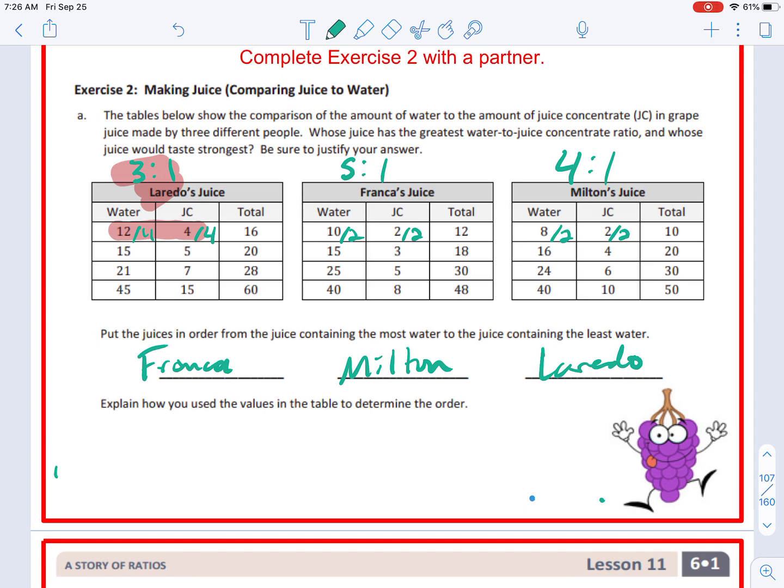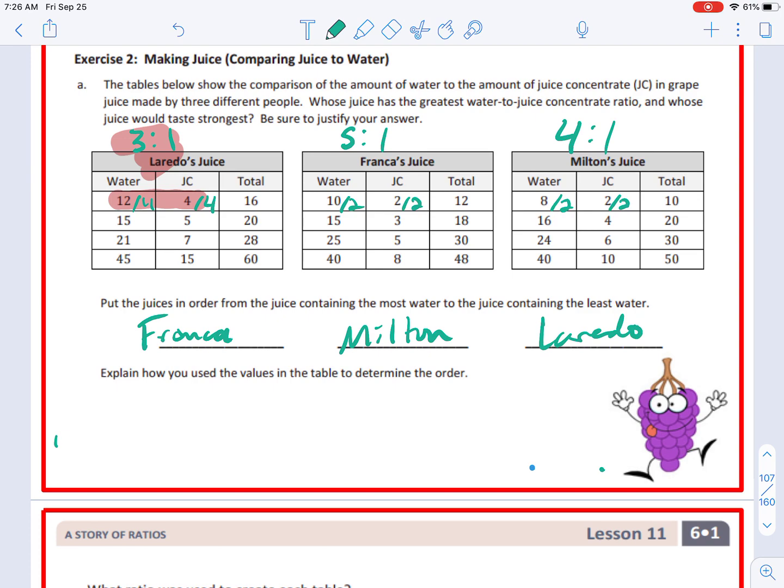Okay, explain how you use the values in the table to determine the order. We found the describing ratio and compared. All right, hopefully this is making sense.